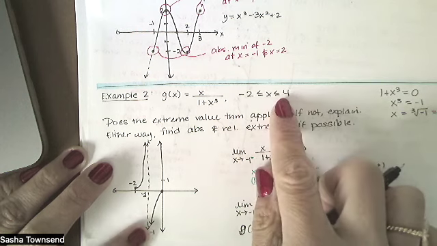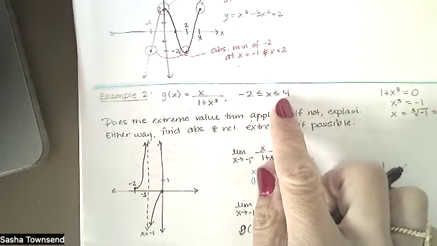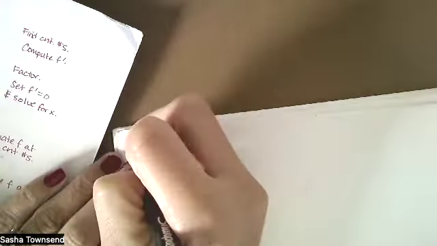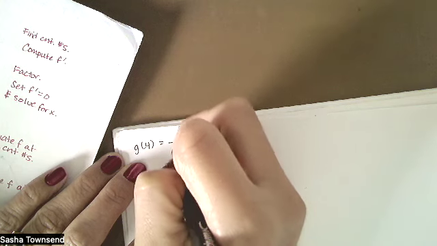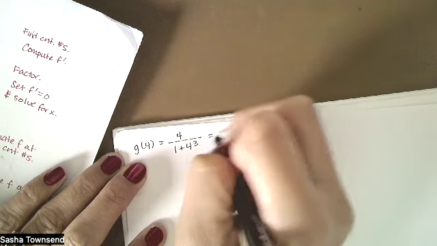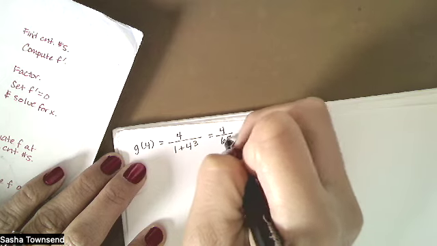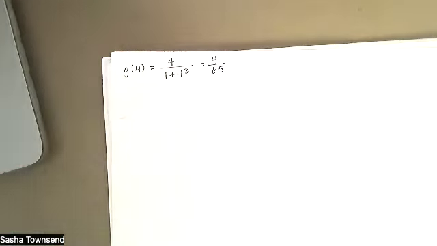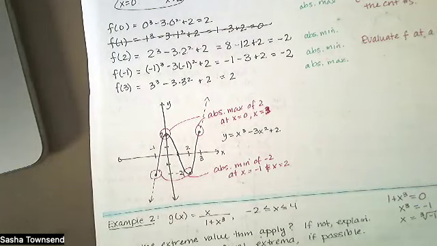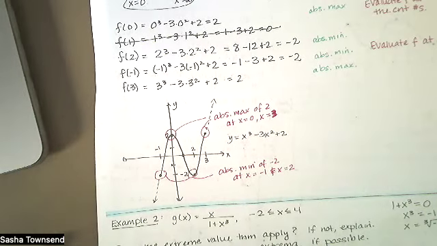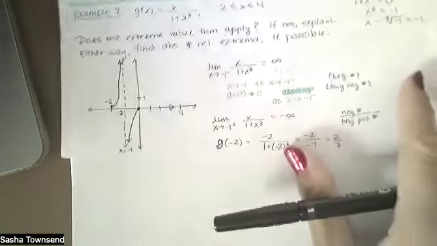And then we might be interested in what happens at x equals 4. G of 4 is 4 divided by 1 plus 4 cubed, or 4 divided by 65, which is very small. It's a little bit less than 1/16. Sorry about that, I'm doing this off the screen.